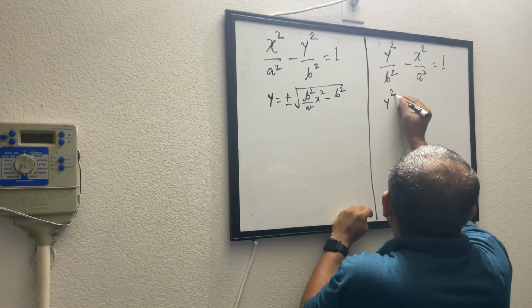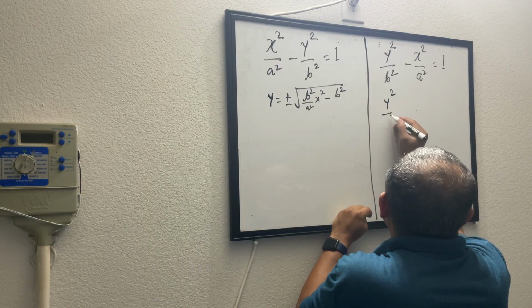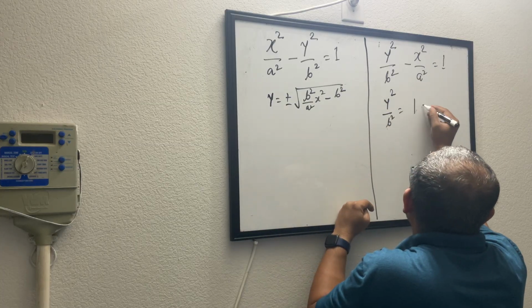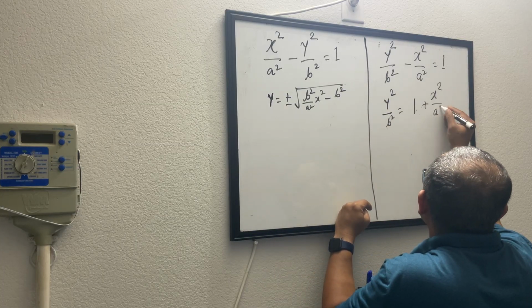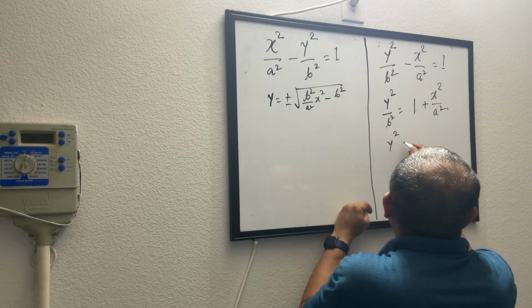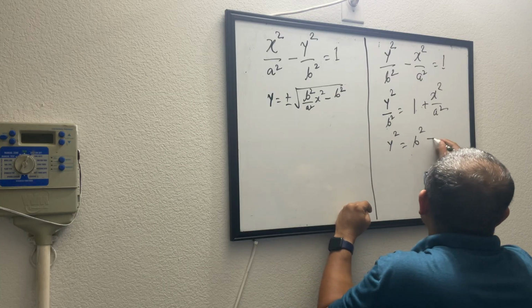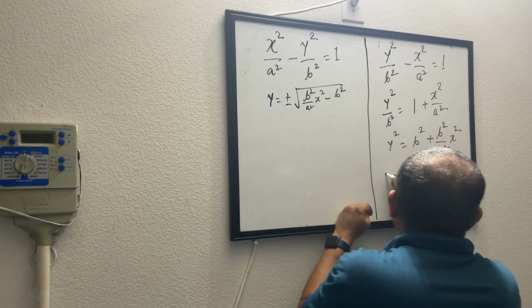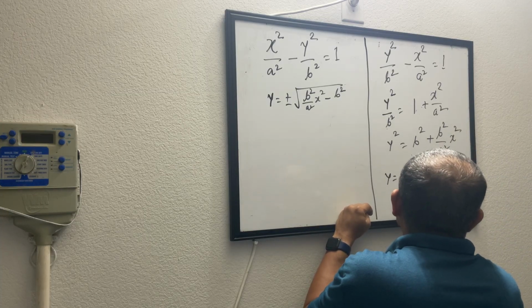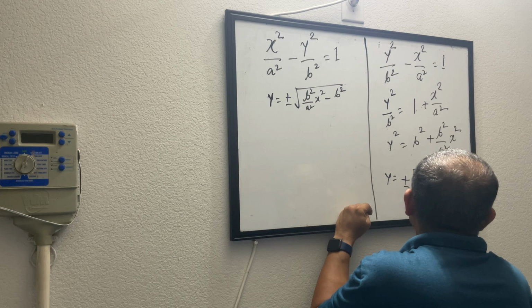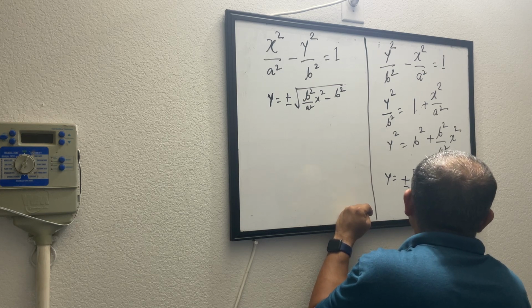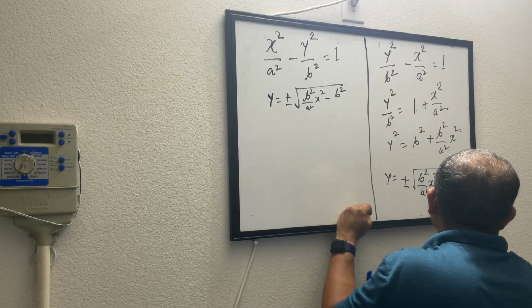What will be the value of y squared by b squared? It will be equal to 1 plus x squared by a squared, or y squared equals b squared plus b squared by a squared times x squared, or y will be equal to plus minus the square root of b squared by a squared x squared plus b squared.